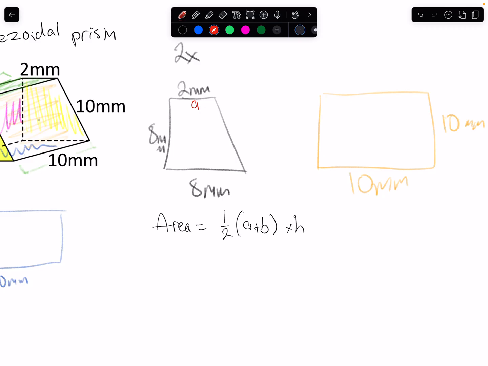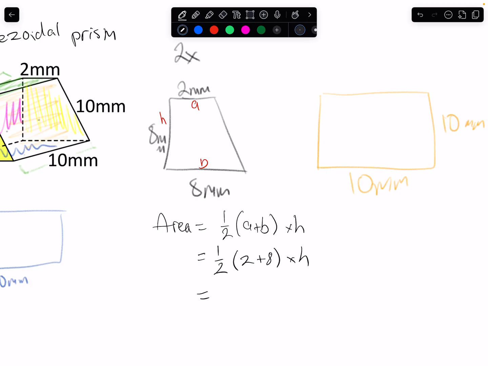Our A, B, H. So A and B are the two sides running parallel to each other, and H is the height of it. So we have half, and our A is 2, our B is 8, and our height is also 8.